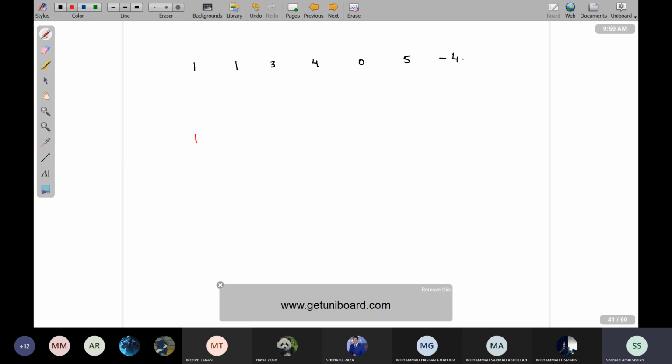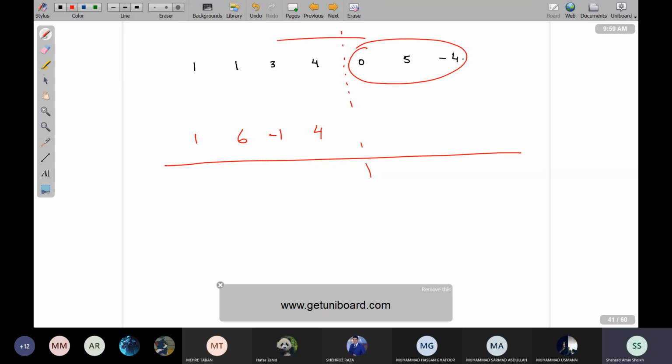That is 1 6 minus 1 and 4. जरा गौर से देखिए, कोई चीज आपको ऐसी है जो कि हिट कर रही हो कि क्या हो रहा है यहाँ पे? अगर इस 0 5 और -4 इधर लेके आओ, एज इट इज आ रहा है. नहीं, जरा गौर से देखिए, गौर से देखिए.